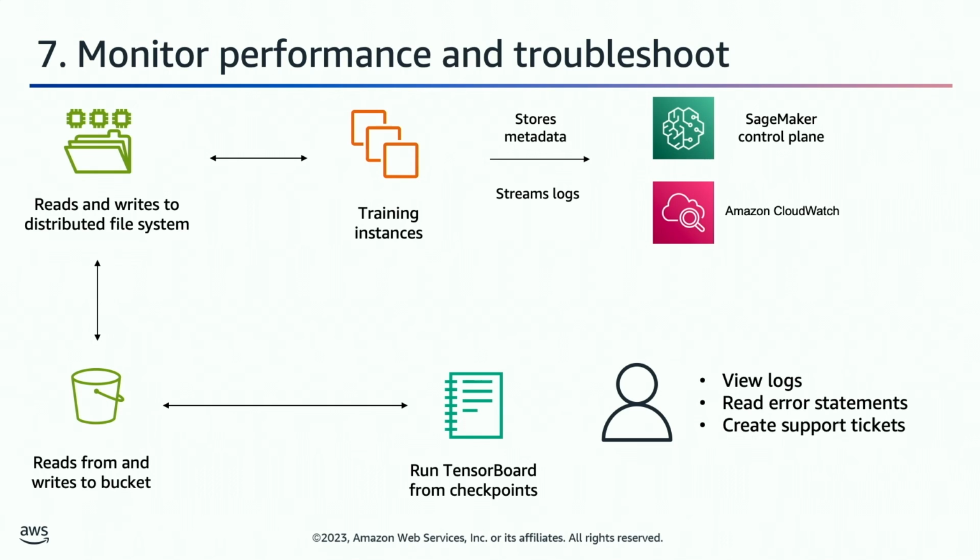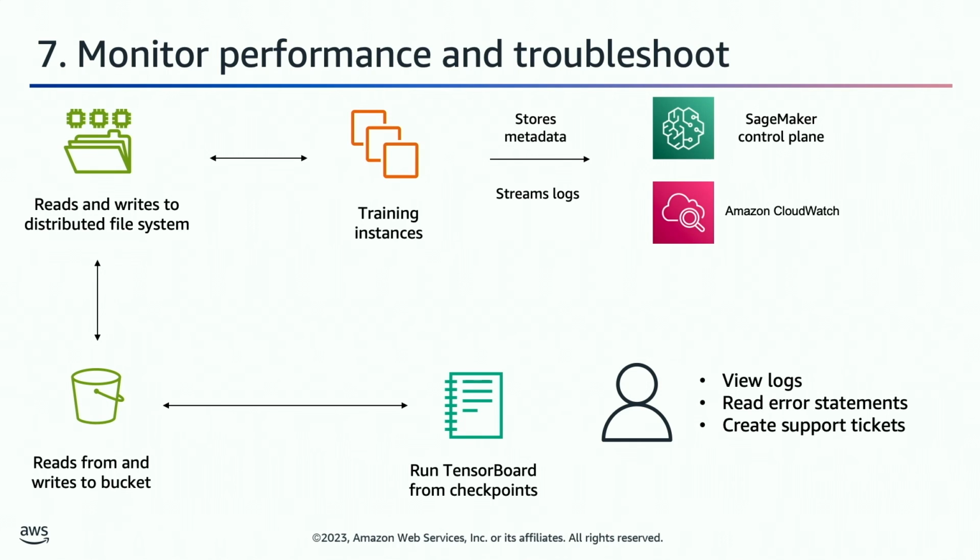You can add all of the metrics that you care about to CloudWatch, actually. In your SageMaker training instance, everything that you write to logging, everything that you print to standard out, will show up in CloudWatch.